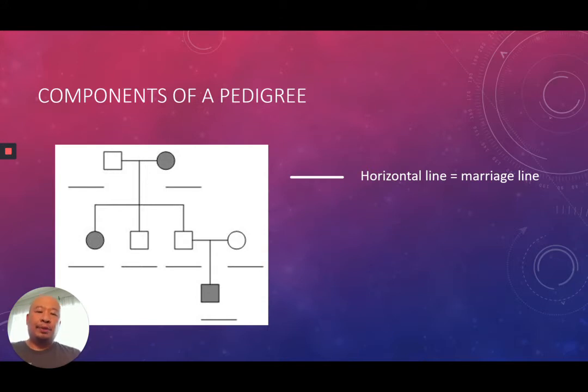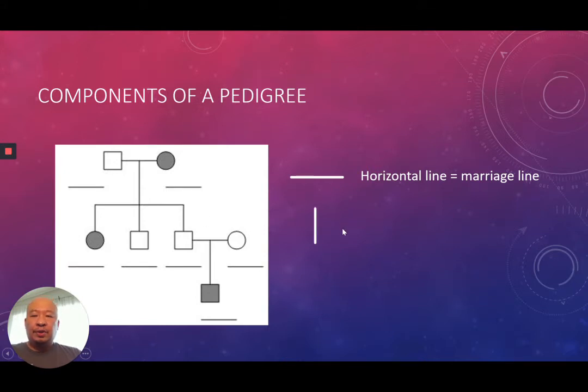So you can call it a marriage line or a mating line. It's just that it represents that two individuals have made some kind of union to form an offspring. So this male that we have here and the female over here, since they're connected by this horizontal line, these two are considered to be partners.